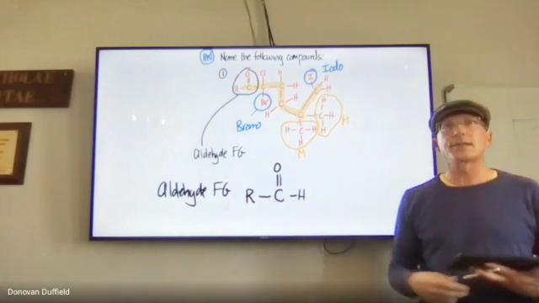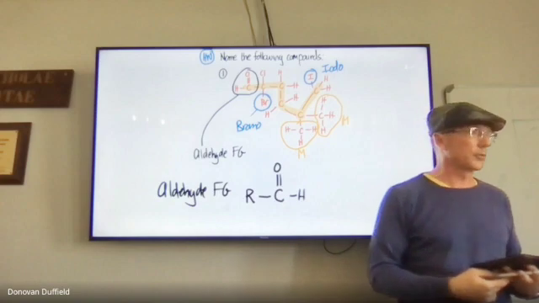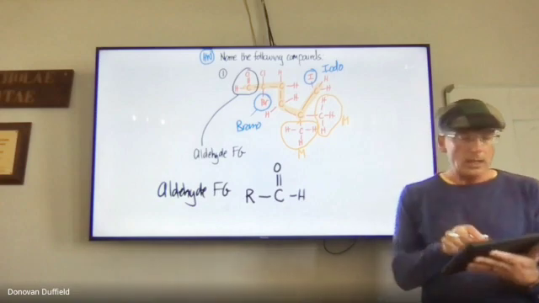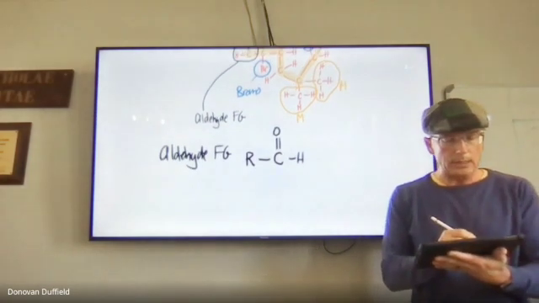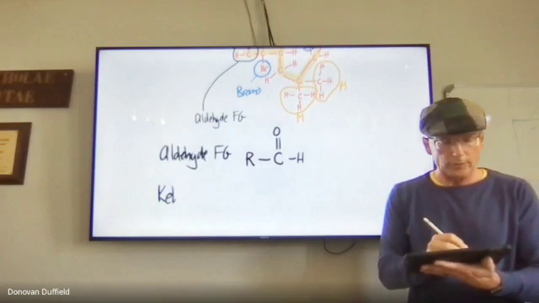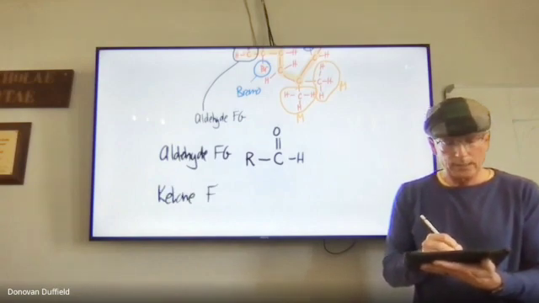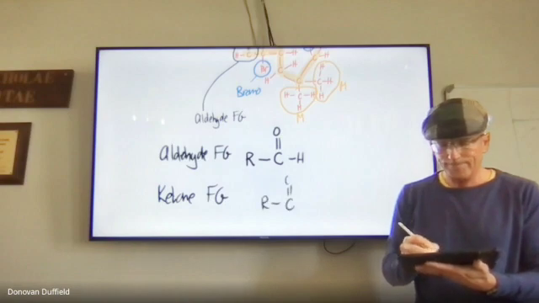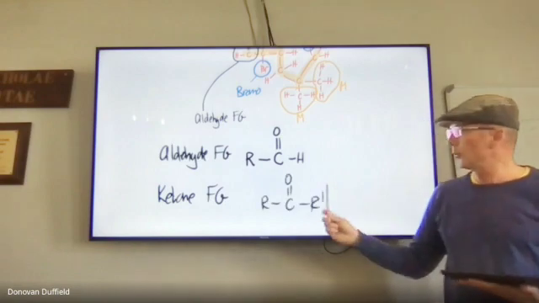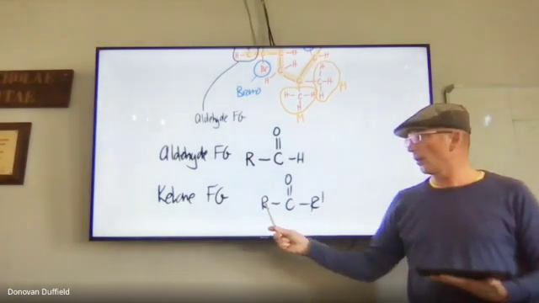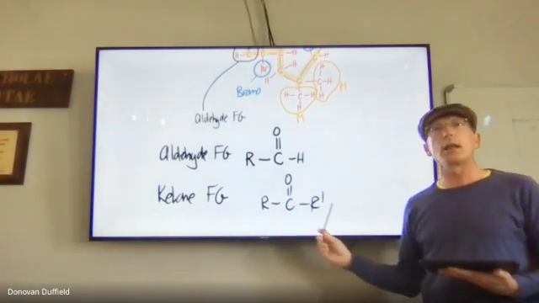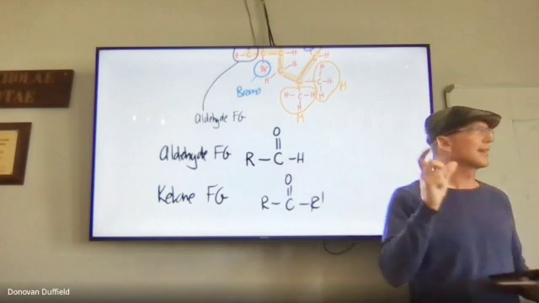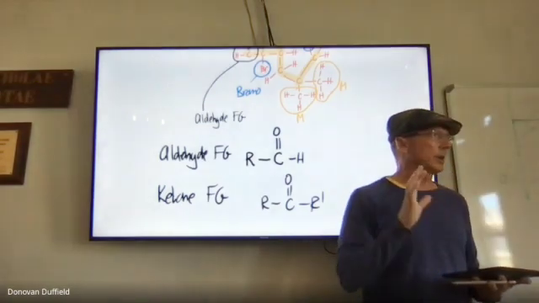That is known as the aldehyde functional group. If we talk about the ketone functional group, it looks like this. And we use R and R dashed because these two alkyl branches could have different length chains. Are we clear on that?